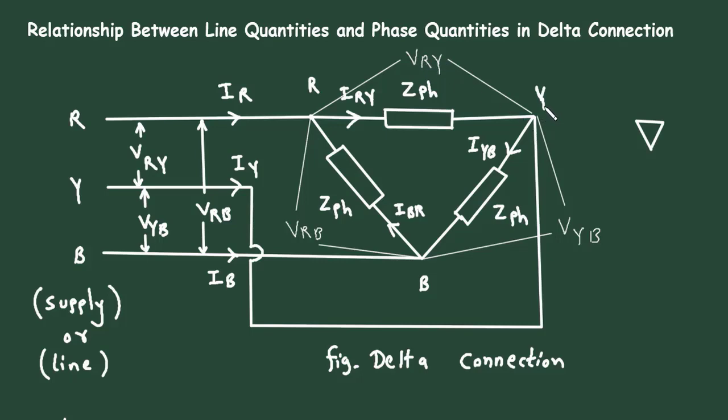Also the voltage between Y and B is represented by VYB, and it is called phase voltage. And also the voltage between R and B is represented by VRB, and this is also called phase voltage.